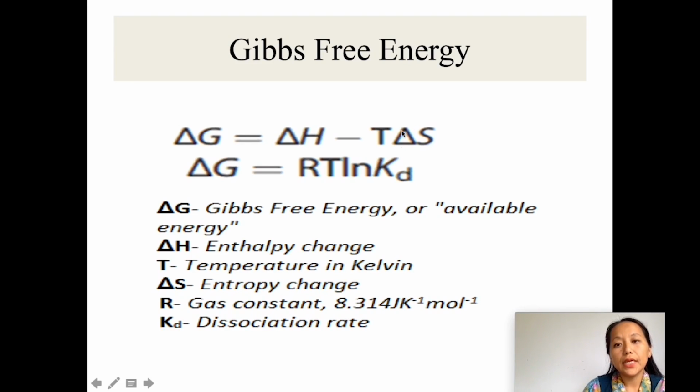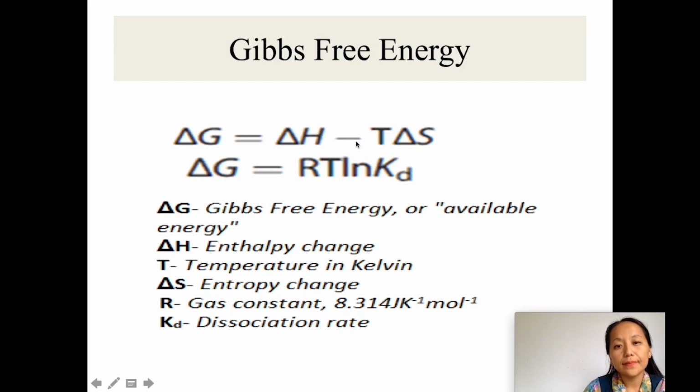And delta S refers to the entropy change; entropy refers to the randomness or disorder in the molecules. When the molecules get adsorbed on the surface of the adsorbent, the randomness or disorder decreases. Therefore delta S is also negative.